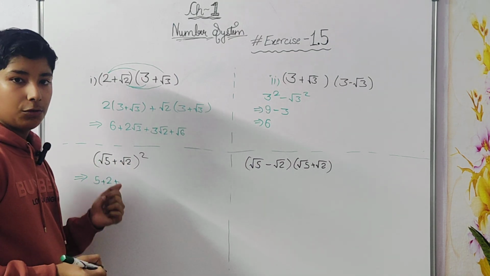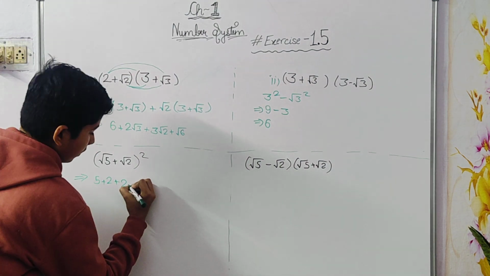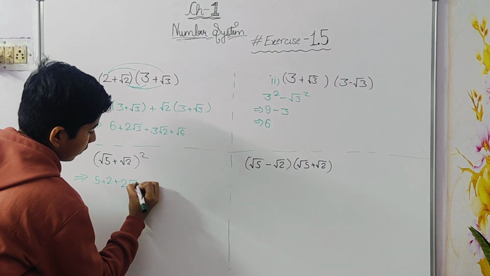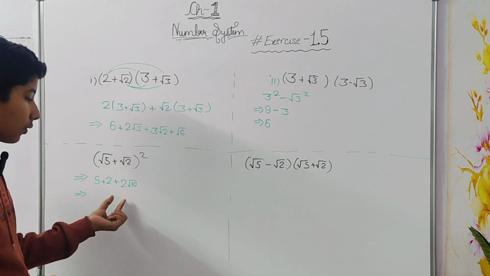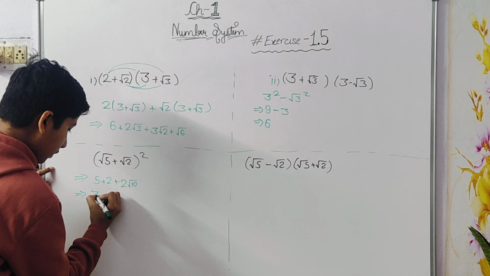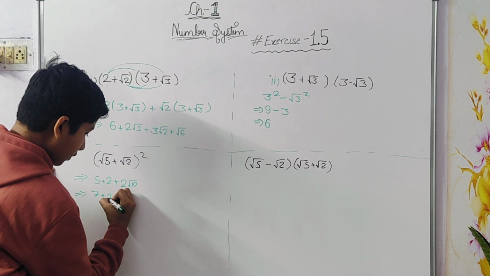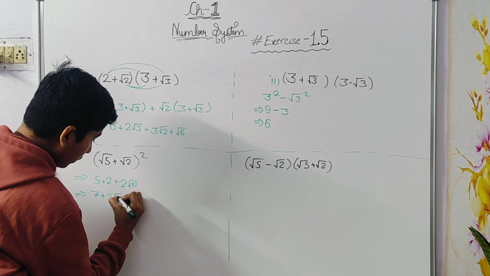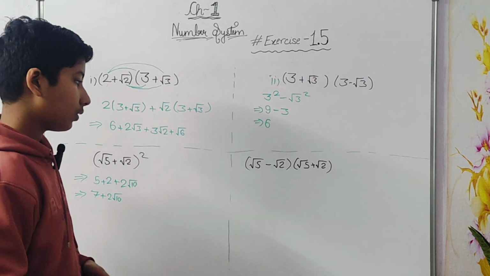Root 5 into root 2 is root 10 and multiplied by 2 it is 2 root 10. So now 5 plus 2 is 7, plus 2 root 10 will come as it is. 7 plus 2 root 10 is our answer of this question.